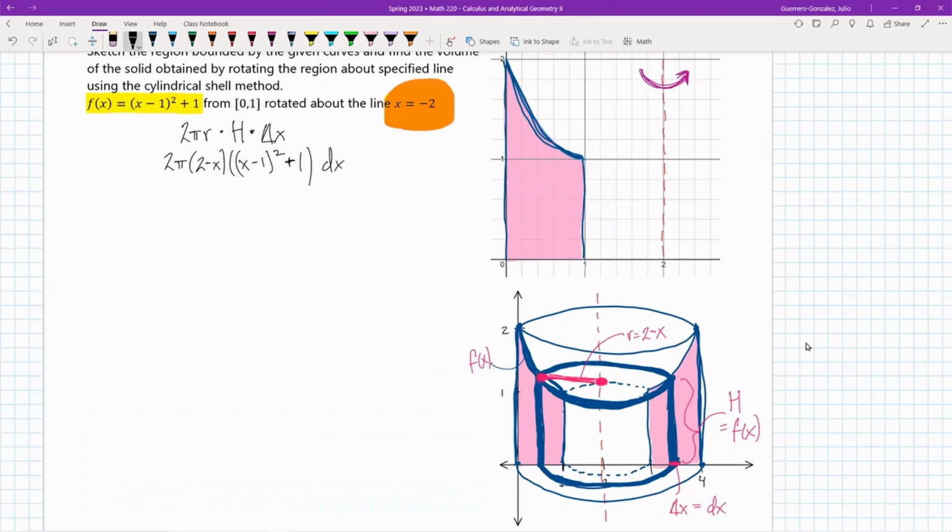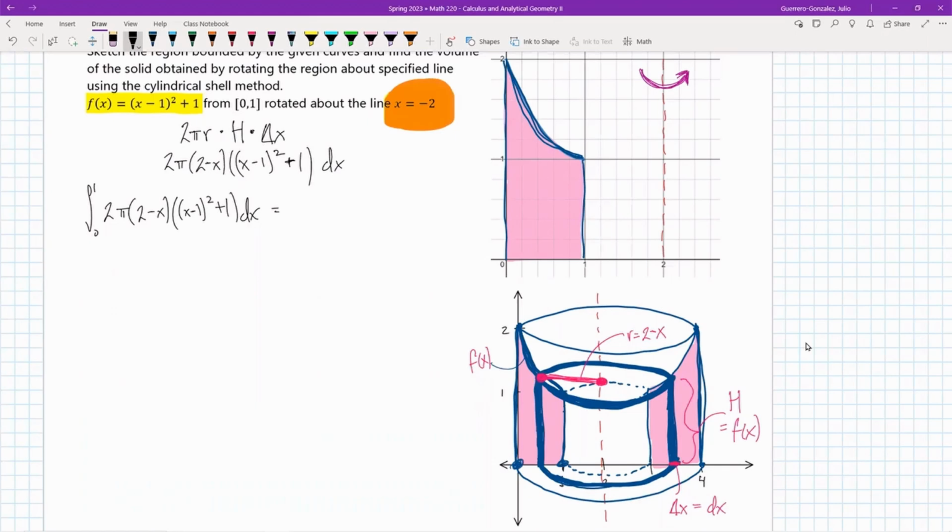Now, the strip that we are concerned with, our limits of integration are still going to be from here to here, and that's from 0 to 1. So we have enough now to combine everything and get our answer. This is going to be the integral from 0 to 1 of 2 pi times 2 minus x times x minus 1 quantity squared plus 1 dx. Okay.